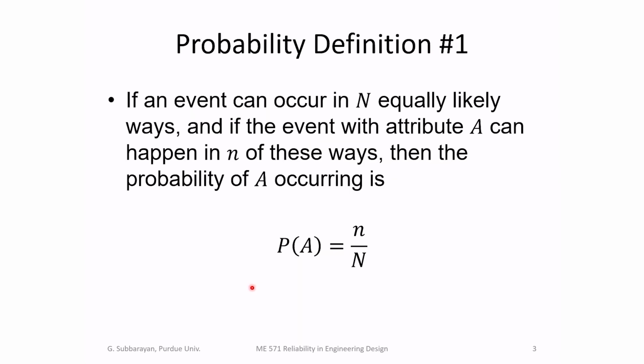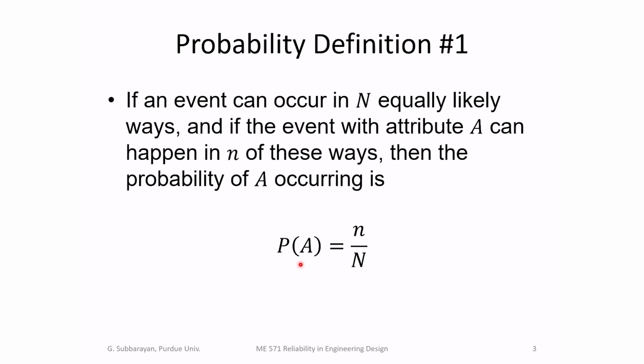So we'll start by defining probability. There are two definitions that I will give you. This is definition number 1. If an event can occur in a total of capital N possible ways, and if you have an event A that can happen only in little n of these ways, then the probability of A occurring is little n over capital N. Example: I do a coin toss.